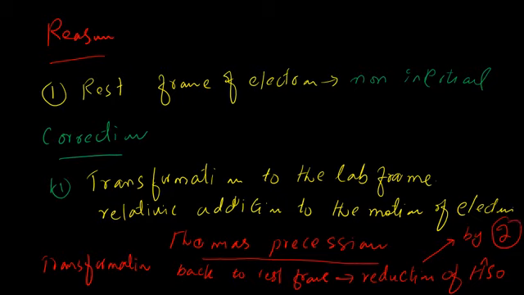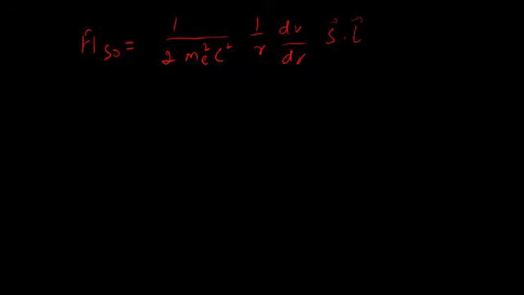So we can add this factor to the spin orbit coupling. When we add the factor of 1/2, the spin orbit energy is equal to (1/2) · (1/(m_e² c²)) · (1/r) · (dV/dr) · S·L.